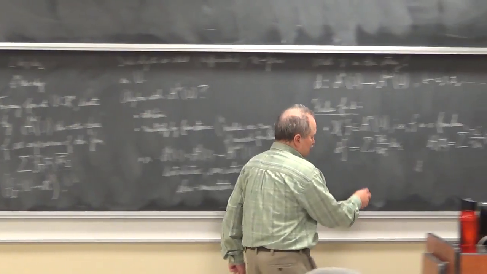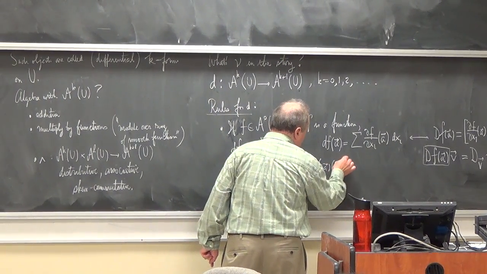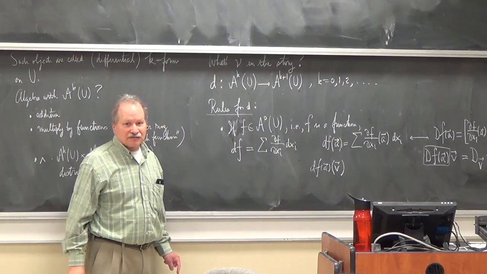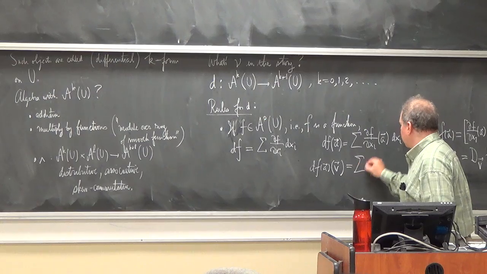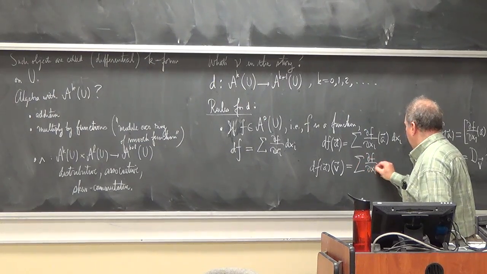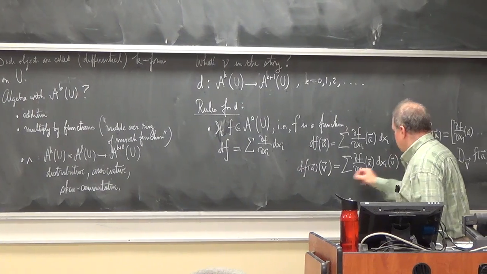Well, so df at A wants to eat a vector v, and what's it going to do? Well, it's going to take df dxi at A times dxi on the vector v summed on i.